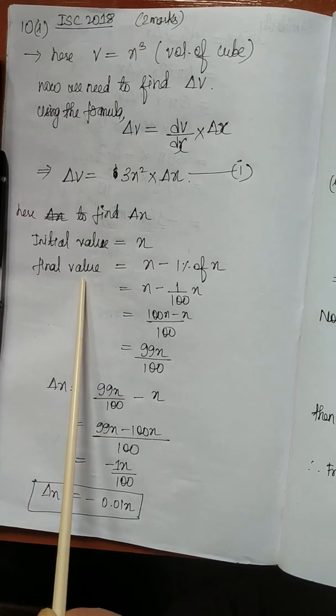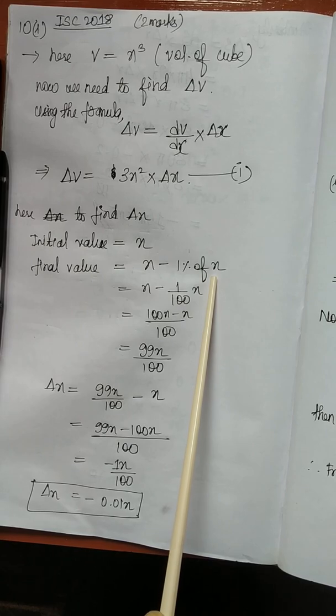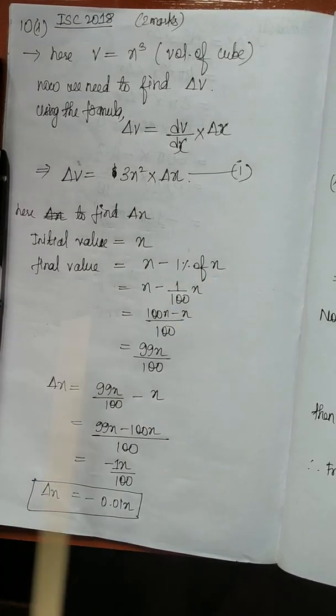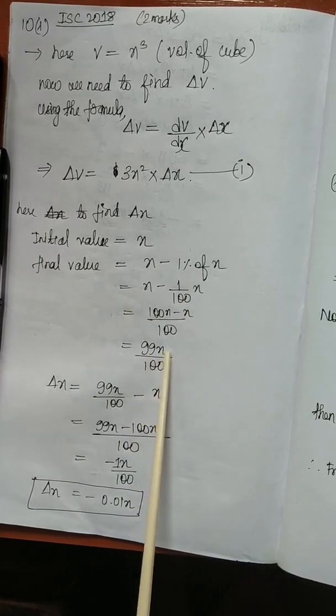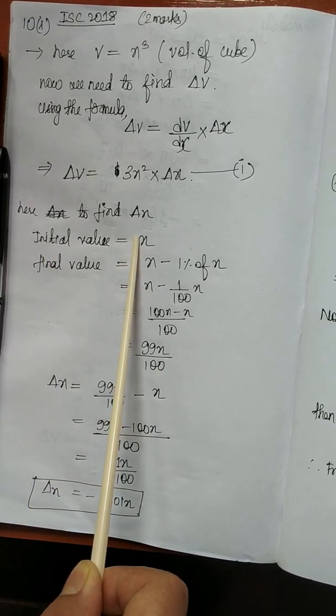The final value for x will be x minus 1% of x, which means there is a decrease in the side by 1%. When it's decreased, you have to subtract. So x minus 1 by 100 of x, which is 99x by 100. So this is the final value, and this is the initial value.